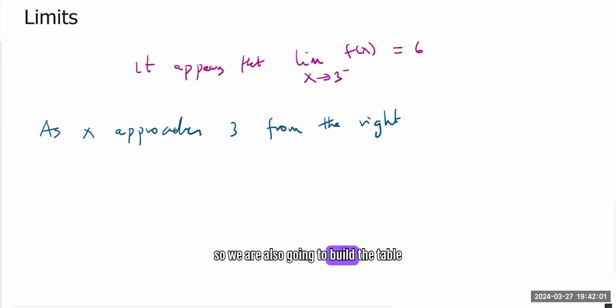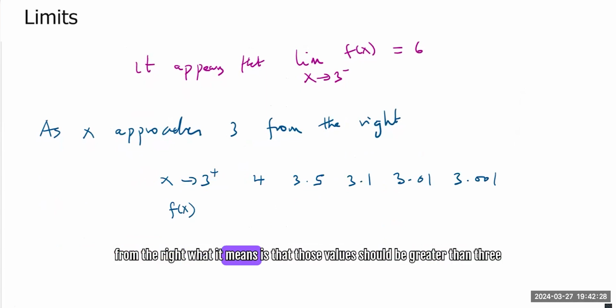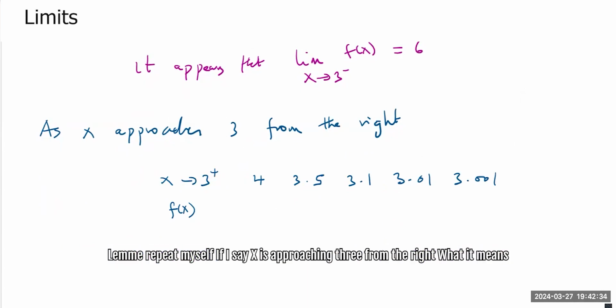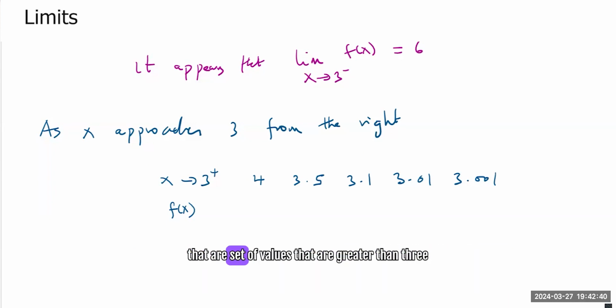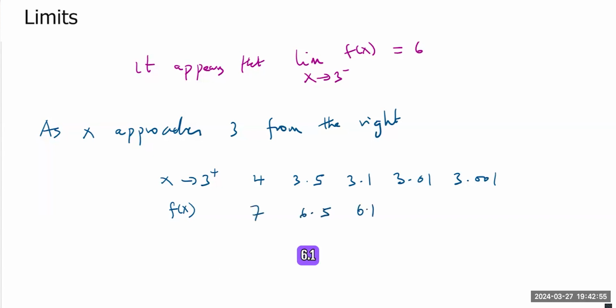So we're also going to build a table. As I said, when we say x is approaching 3 from the right, what it means is that those values should be greater than 3. Let me repeat myself. If I say x is approaching 3 from the right, it means there are a set of values that are greater than 3. Very good, thank you. All right, so when you do the same computation, we should get something like 7, 6.5, 6.1, 6.01, 6.001.